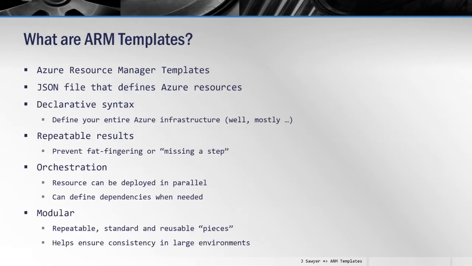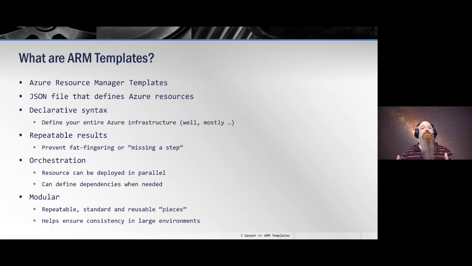So what are these ARM template things? ARM actually stands for Azure Resource Manager. They are templates defined in JSON that allow you to define what your Azure resources are going to be. It's a very declarative syntax that allows you to define pretty much your entire Azure infrastructure.